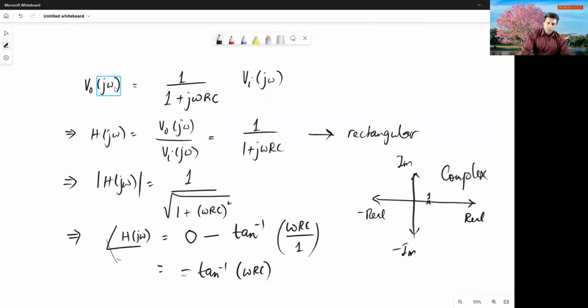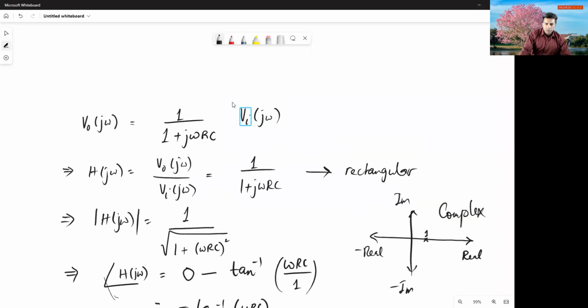So at any frequency omega, to calculate the magnitude of the output voltage, you first calculate the magnitude of H(j omega) through this formula or this expression, and then you calculate the magnitude of the input voltage at that frequency, and you multiply the two magnitudes to get the magnitude of this.